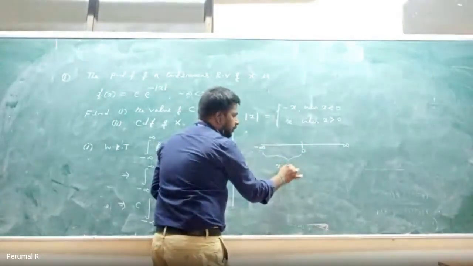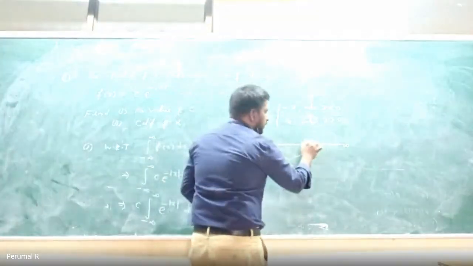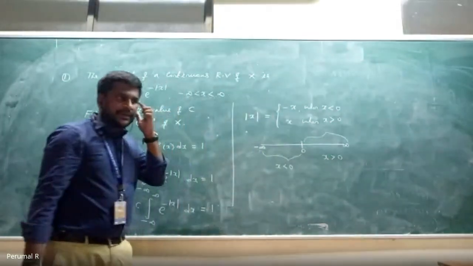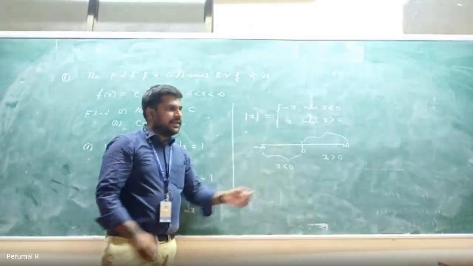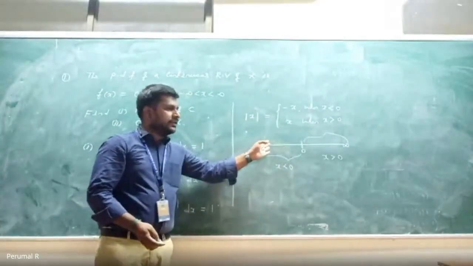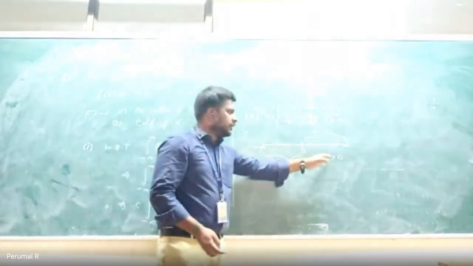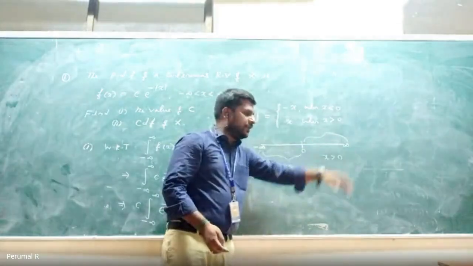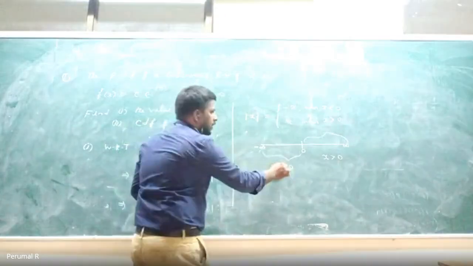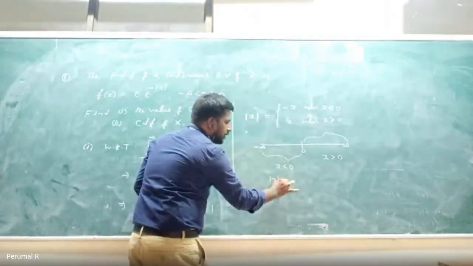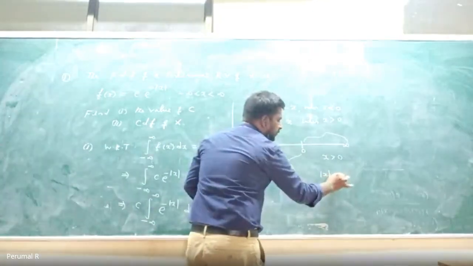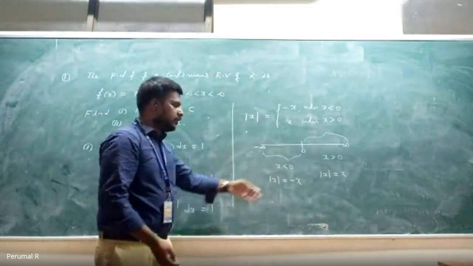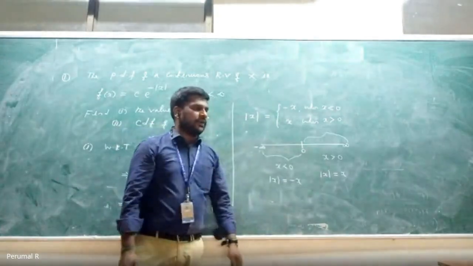In this interval x is less than 0, that is 0, minus 1, minus 2, minus 3 up to minus infinity. In this interval x is greater than 0, that is 1, 2, 3 up to infinity. So in the first interval modulus x becomes minus x, a negative one, and in the second interval modulus x becomes plus x, a positive one.